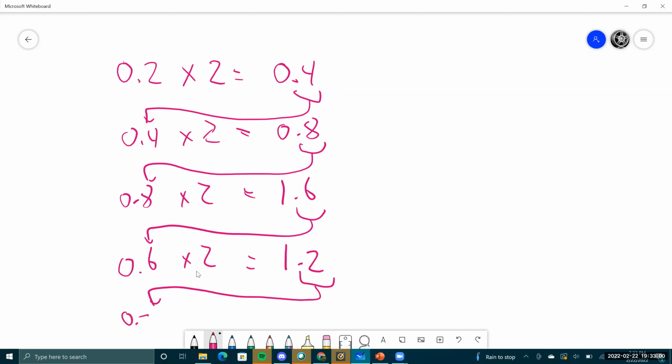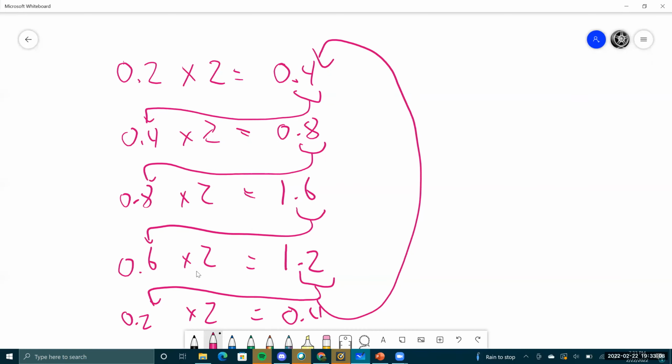And 0.2 times 2 equals 0.4. So notice that this is repeated, right? So the resulting answer is going to be 0011 repeated to infinity.